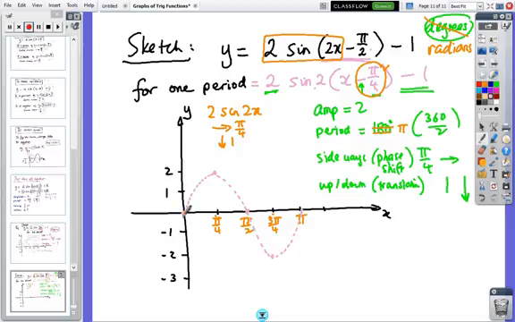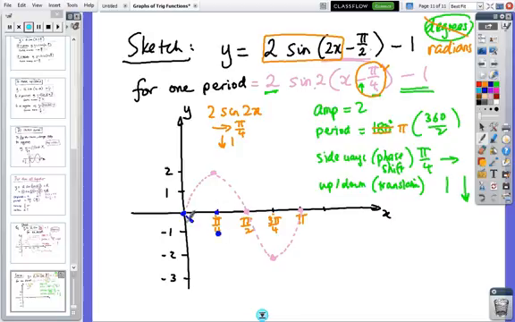Okay, so the important points are the tops and zeros, the bottoms, and back to zeros. So what I'm going to do now is, if you can follow me, this first point here is going to go forward to pi on 4, and then down 1. So basically that point there has moved to that point there.